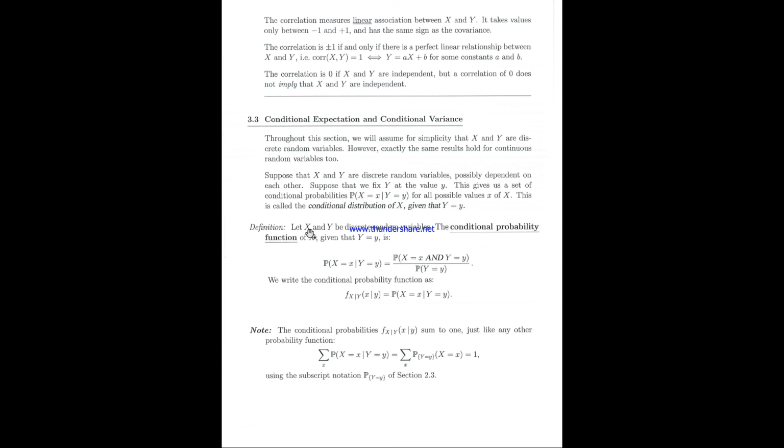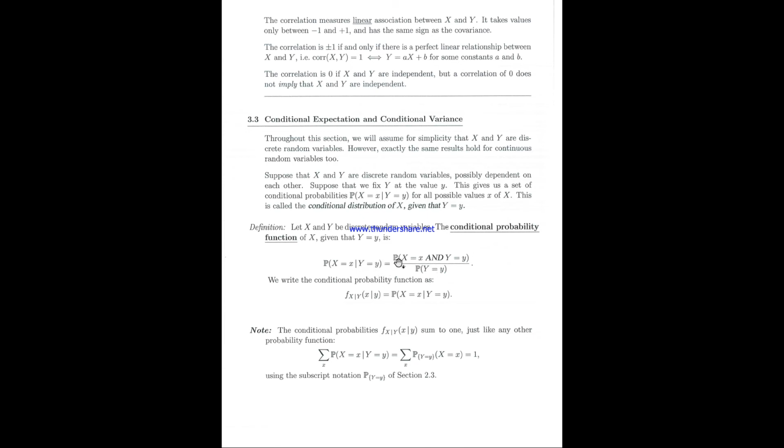Since we are talking about two discrete random variables, when you are calculating the conditional probability function, we can write it as the probability that random variable X is equal to small x given that random variable Y is equal to small y.